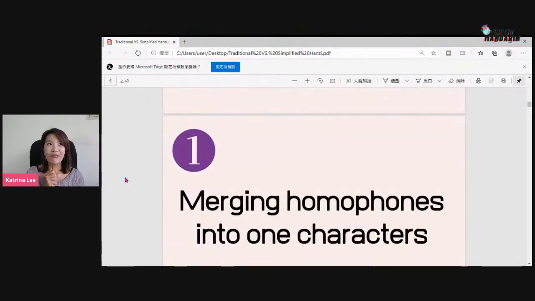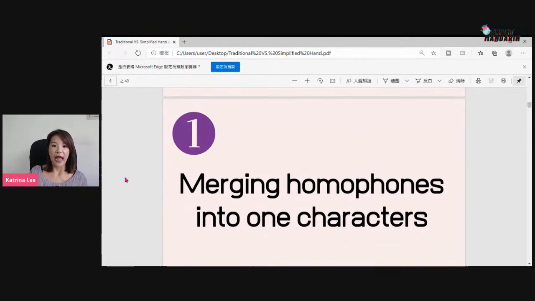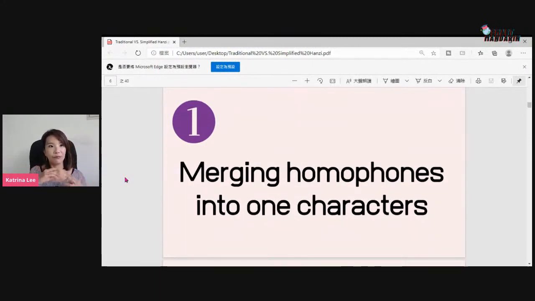So first I want to talk about how the government in China changed traditional to simplified, so you know the differences, right? I'll give you a few different ways the government changed traditional to simplified. There are a lot, but I just picked out some common ones.